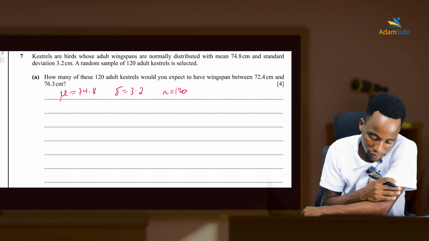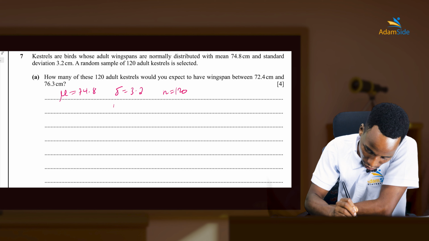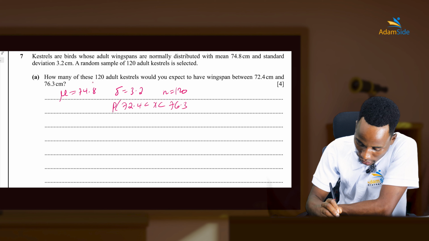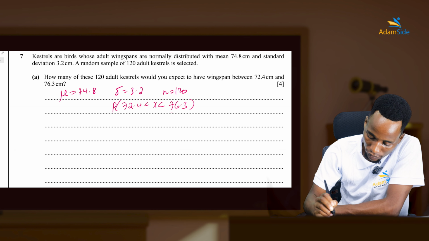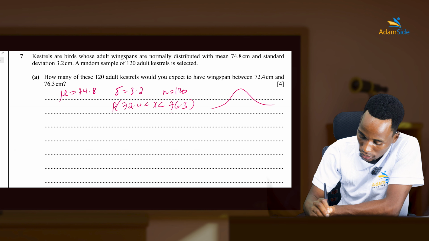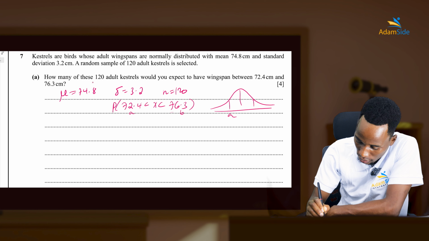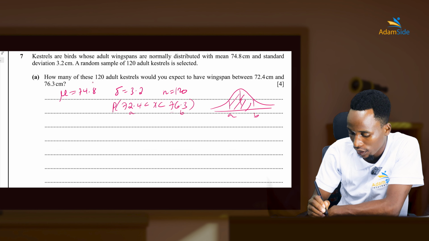We know this is a normal distribution, so the first thing is to standardize. So we have P of 72.4 less than X less than 76.3. If we draw this, it's between A and B, and we are looking for this area between.